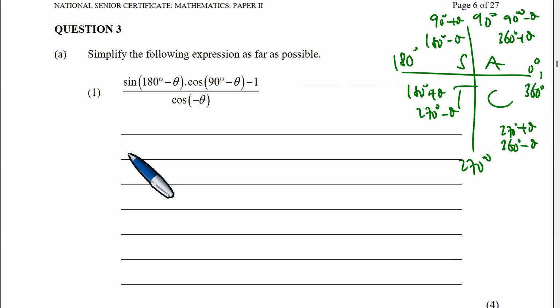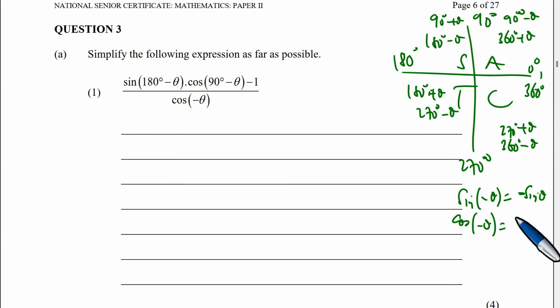So let's look at this question. Two things remain very important for us to consider. The sine of minus theta is minus the sine of theta. And the cosine of minus theta is actually cosine theta. So now, what about sine of 180 minus theta?